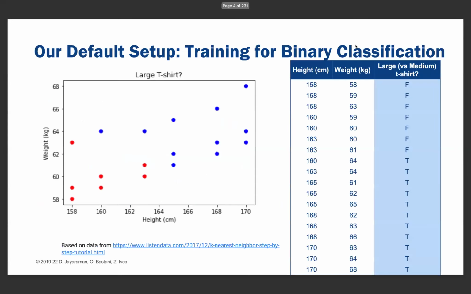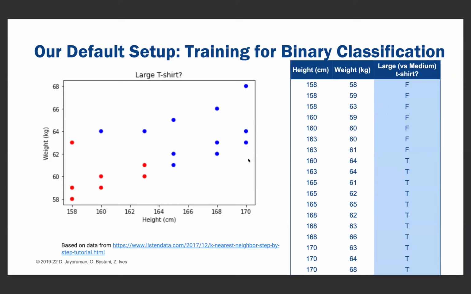So first, K nearest neighbors. Let's consider a binary classification. We have the following data: the size of the t-shirt for the customer or whoever, and we have the height of the person and the weight of the person.